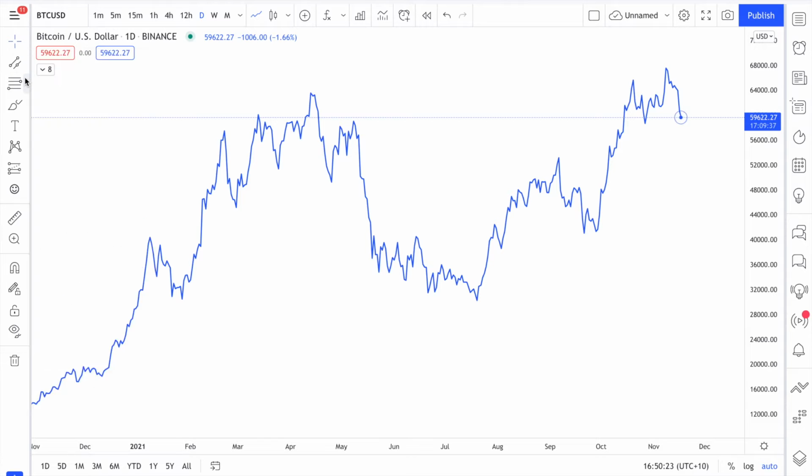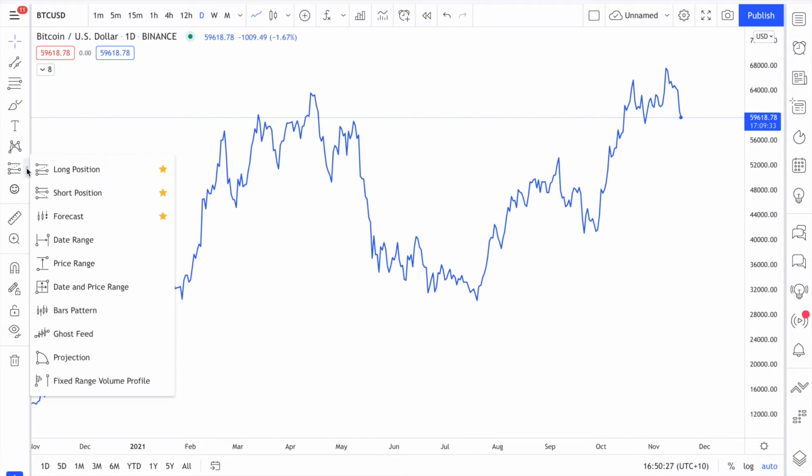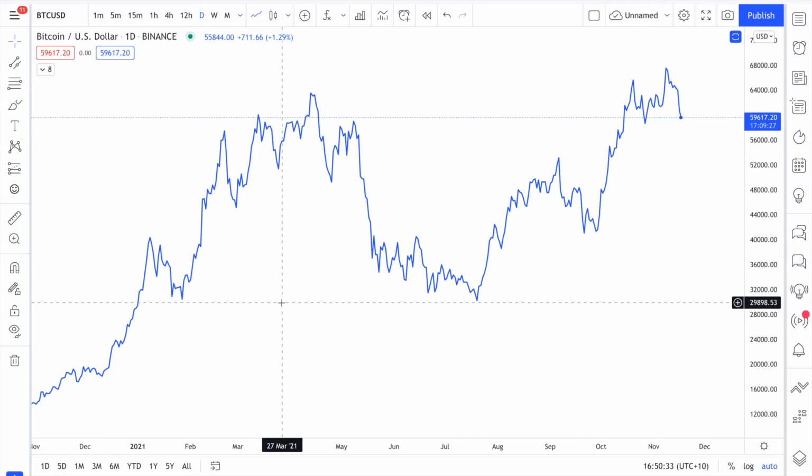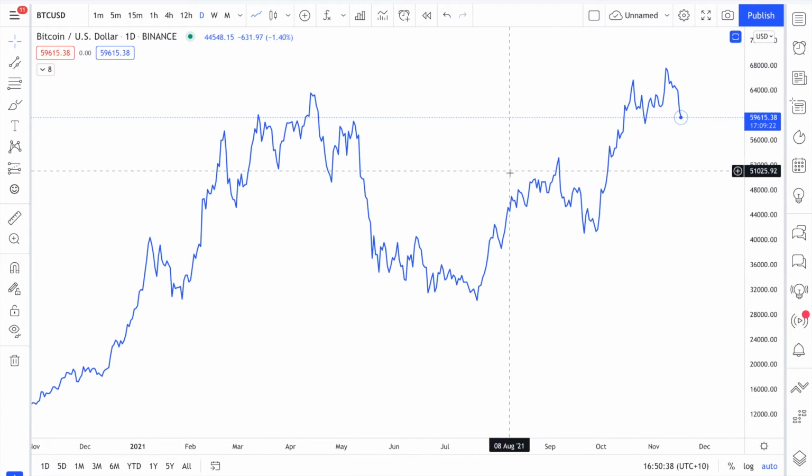Now, the rest of them here are all different tools. It will take you much longer to go through and learn what all of these different things do and show you. But basically, they're all just to show you what information you can pull from the chart. At the moment, it's just lines on a screen.